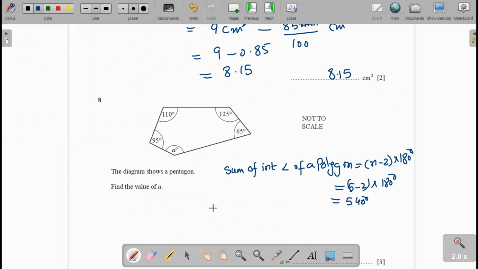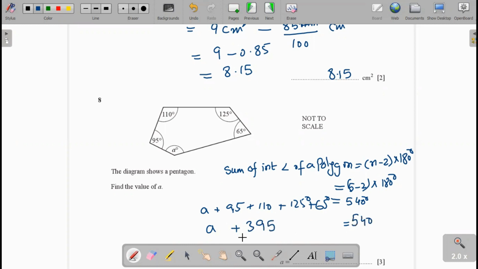The total angle here is A degree plus 95 degree plus 110 degree plus 125 degree plus 65 degree. Now 95 plus 110 is equal to 205, plus 125 is equal to 330, and then plus 65 is equal to 395, which is the total value.